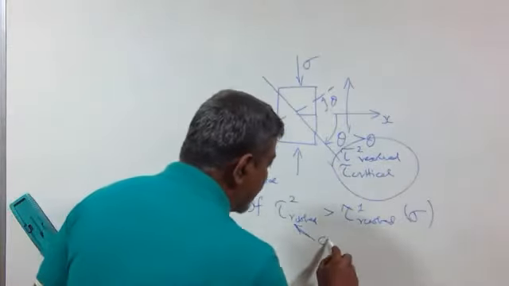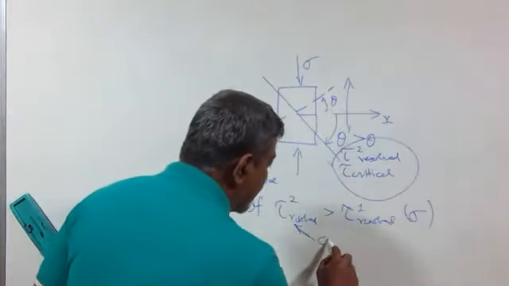In that case, I will look for the maximum of all these. Yes or no? And if I find the maximum of this and set it equal to tau critical, I have the answer for when it will fail.